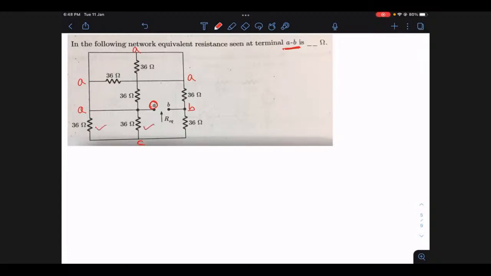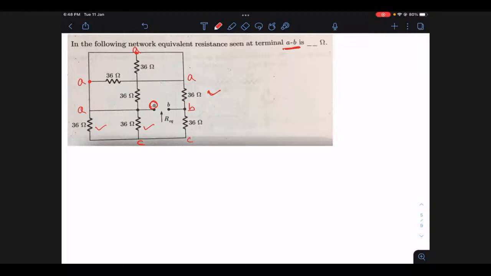This 36 is also connected between A and C. This 36 is between B and C. And between A and B, this 36 is connected. As you said, these are the same node. If they're in the same node, you can say this is shorted only.